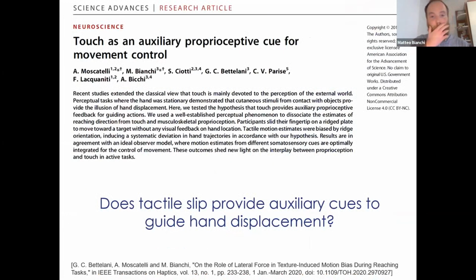And one illusion that we have demonstrated in this study is to validate if tactile flow can also provide a proprioceptive cue for hand motion control. In other terms, if the tactile flow model is a valid model to describe the dynamic interaction of the finger pad against the surface, we should observe the illusion that derives directly from the constraint equation.